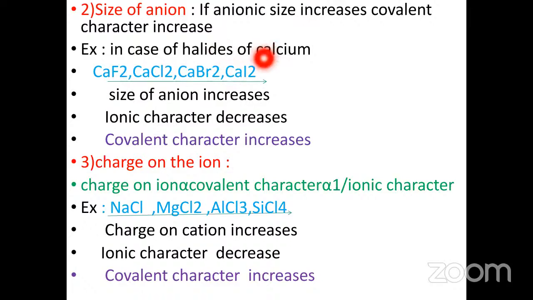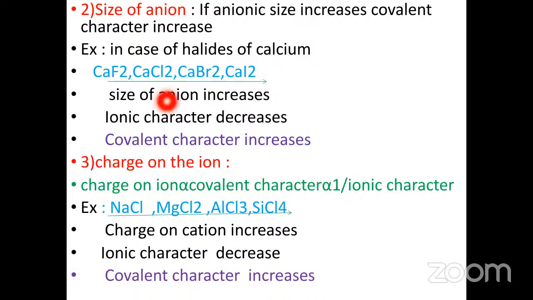Whenever the size of anion increases, because in a group from top to bottom the sizes increase. Already you learned this in the second lesson. Yes. From fluoride ion to iodide ion, the sizes are increasing because these belong to the seventh group elements.